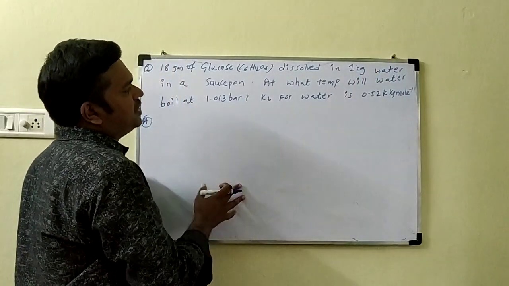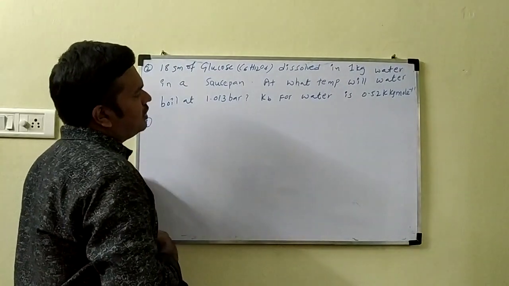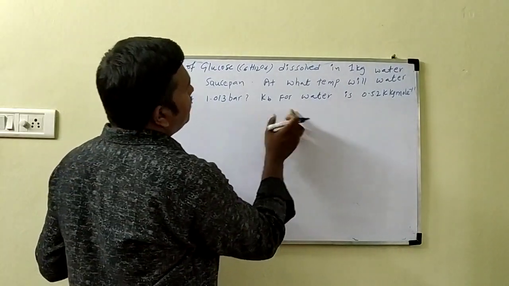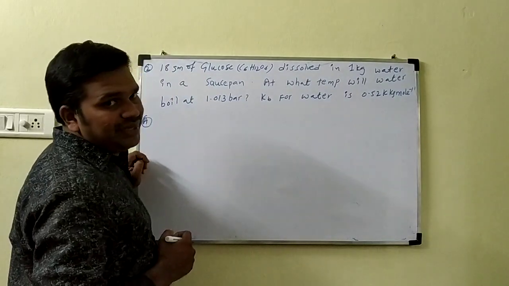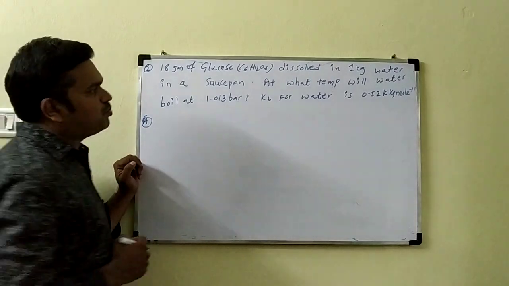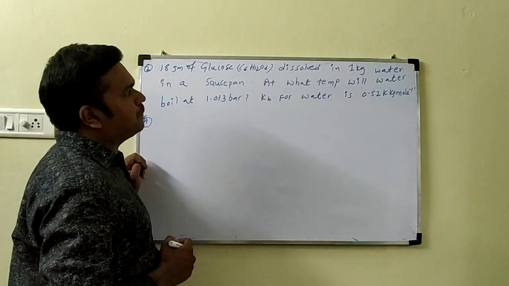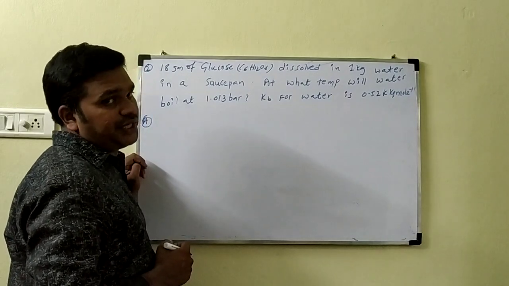At what temperature will water boil at 1.013 bar pressure? Kb for water is given here, 0.52 Kelvin kilogram mole inverse. So generally in this problem we have to find out the boiling point of the solution, that is Tb, we have to find.